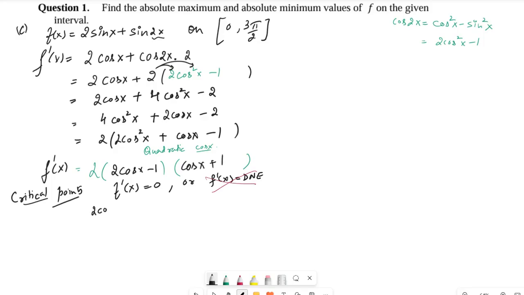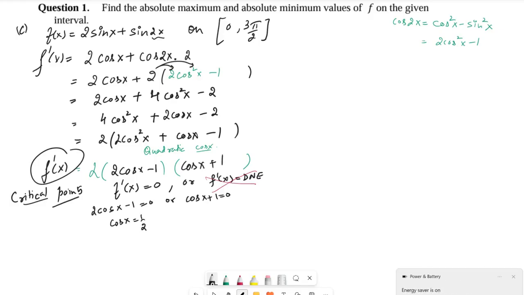So this derivative will be 0 if 2 cosine x minus 1 is 0 or the second factor cosine x plus 1 is equal to 0. Cosine x is equal to half from here, or cosine x is equal to negative 1 from here.